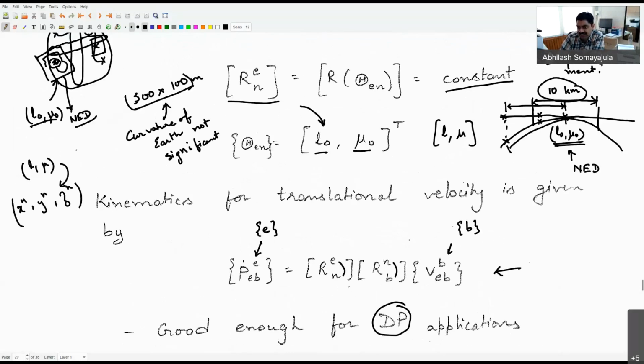So we are still well within this 10-kilometer radius, and we can approximate these rotation matrices as constants that don't change with time. This one will not be constant, but this one will be constant. From the E frame to the NED frame, the transformation is simply based on a fixed chosen set of latitude and longitude, which is chosen as the reference value.